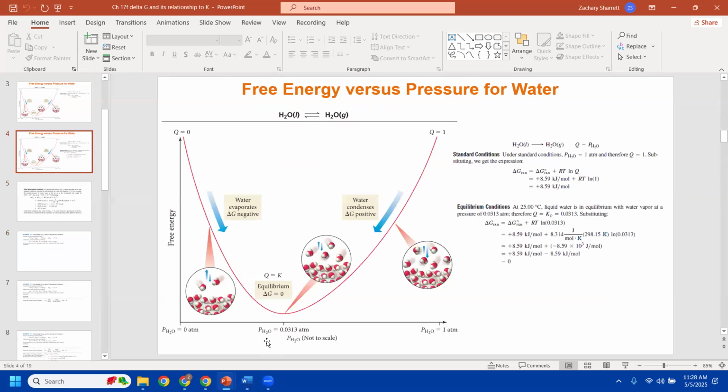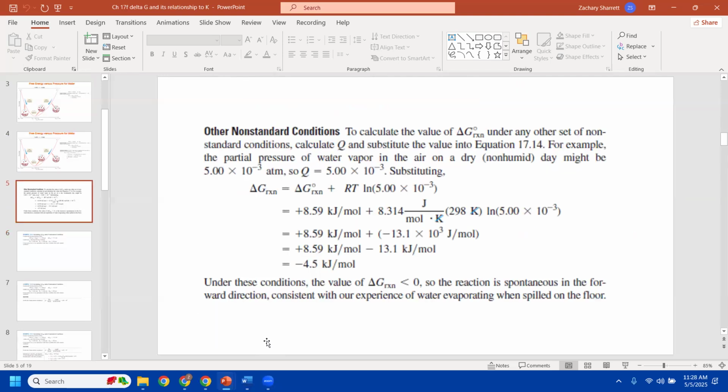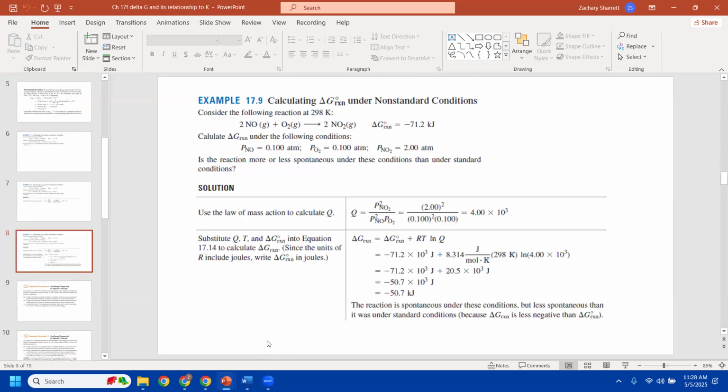So this was finding it at, what's this one? So like I said, I don't think we're going to do this. This is too much review from before. But if you wanted to learn how to do it, if you're going to become a thermodynamicist, then you could look at all of the values of either the pressures or the concentrations, solve for Q, plug it into this equation, and then see, did that value get more or less negative?